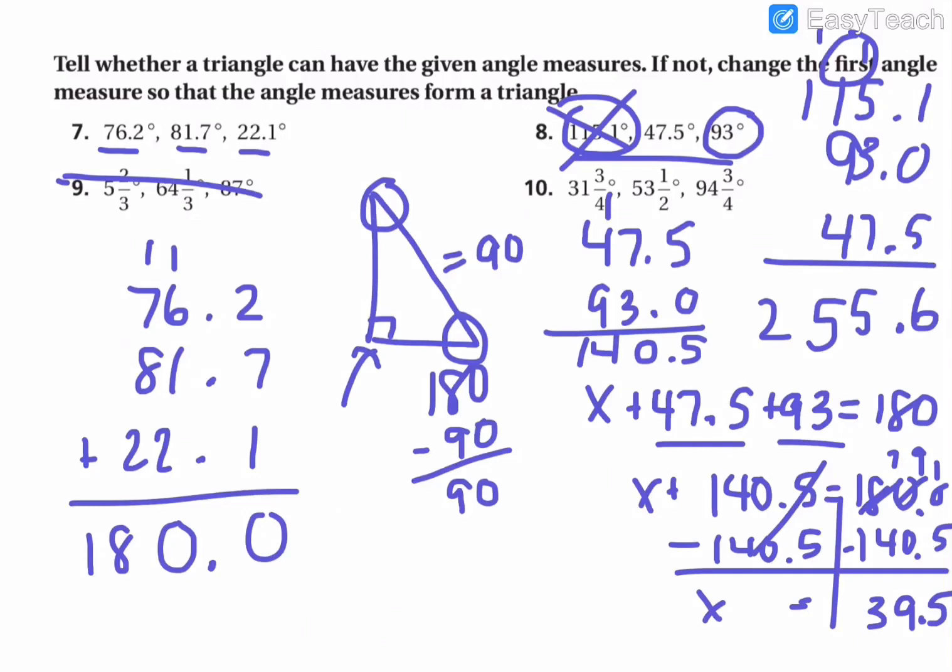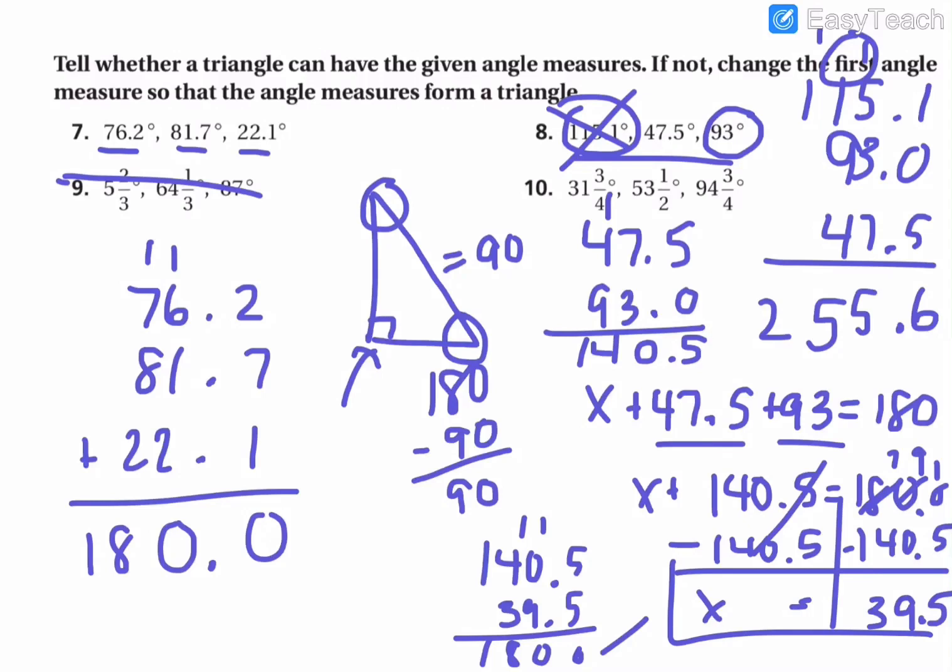So then we would just check it. When we plug it back in, does 140.5 plus 39.5 equal 180? Yes, it does. Okay, so it would have to be 39.5. That first angle measure would have to be 39.5.